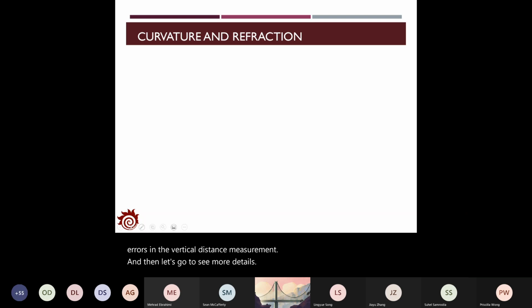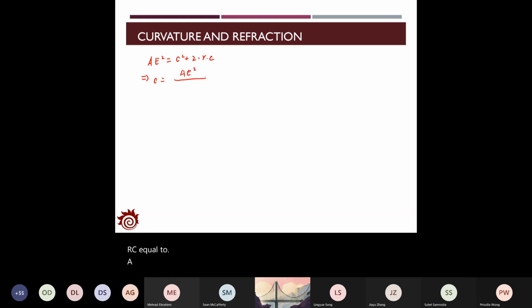We know that AE squared equals C squared plus 2 times RC. And with that, we can find out C equals AE squared divided by C plus 2 times R. And here you should remember that R is the radius of the Earth.